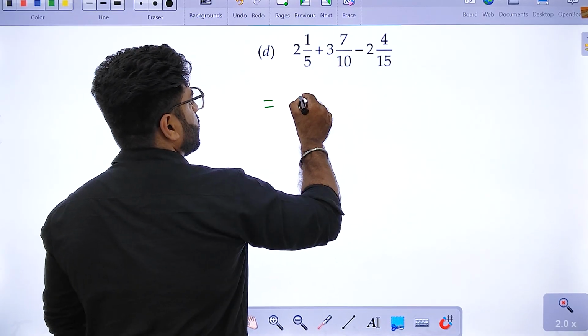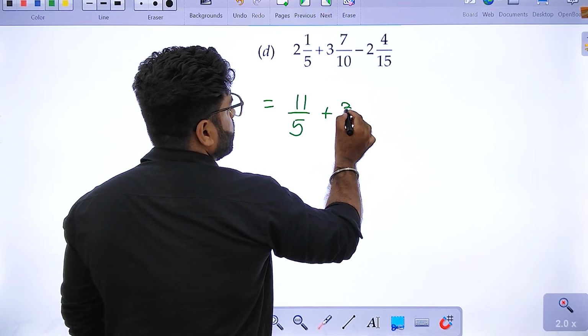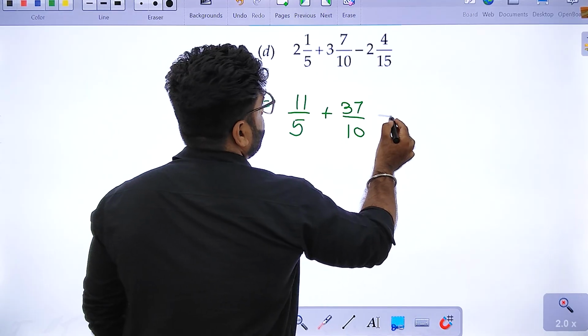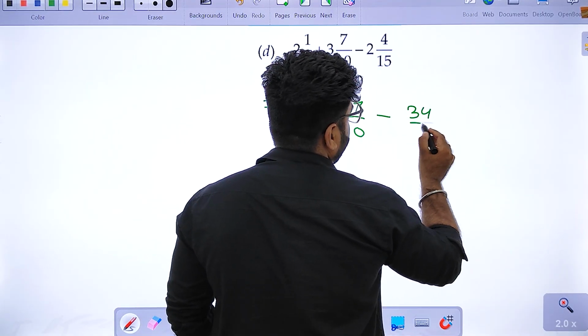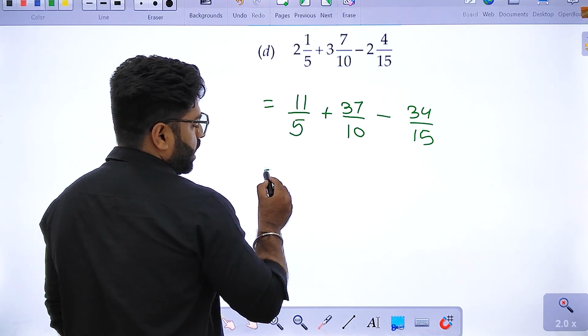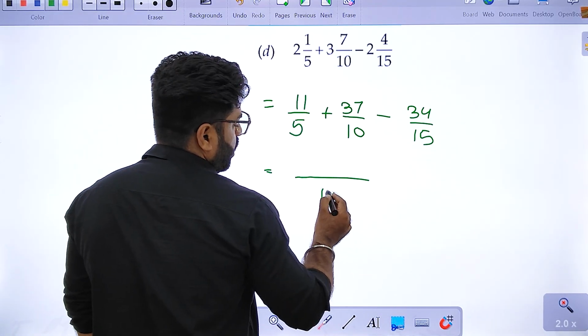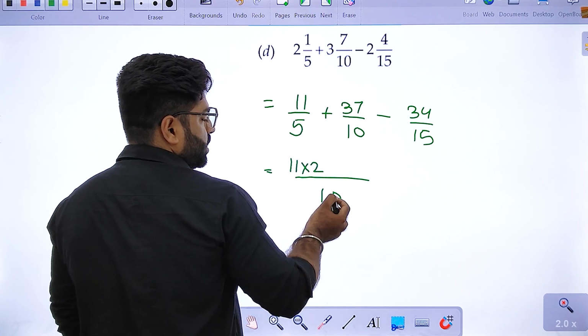This is 5 2s are 10 plus 1, 11 by 5, plus this is 37 by 10, minus, and here we are having 2 15s, 34 by 15. Now we have to take the LCM of these two fractions. So we are having 10. So now I'm going to multiply 11 by 2 because this 5 will be changed into 10.